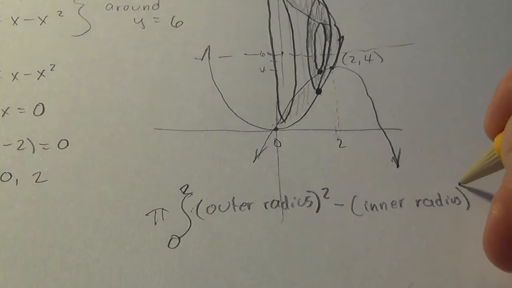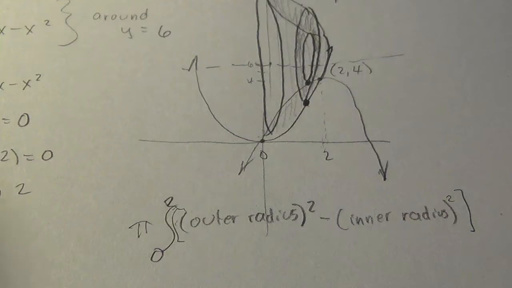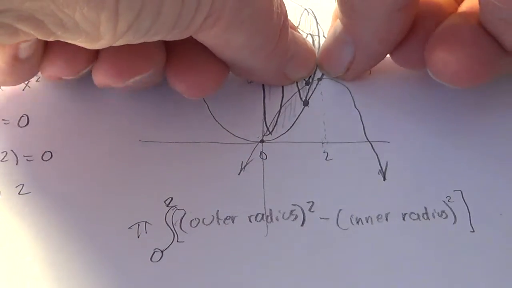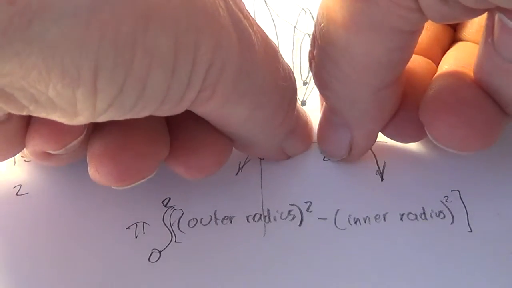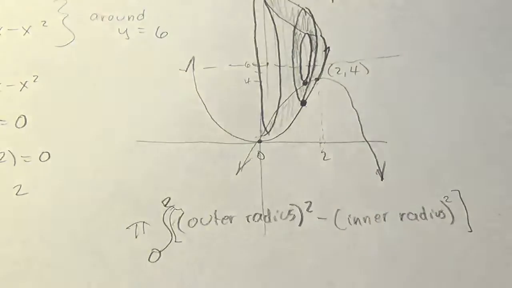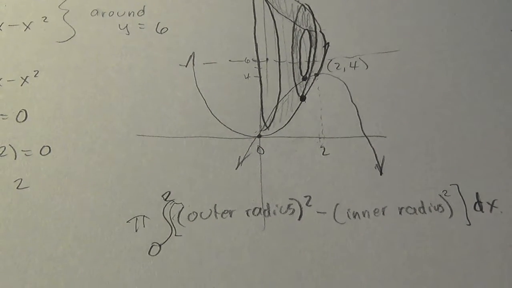Is this a dx or a dy problem? I use the test of the thumbs. The thickness is right there, and that's read on this axis. The distance between my two thumbs is a change in x, infinitesimally small. So I'm going to indicate that.